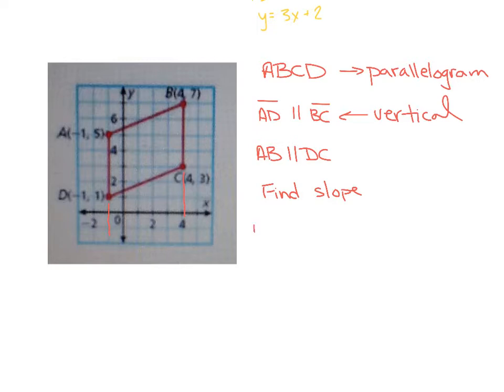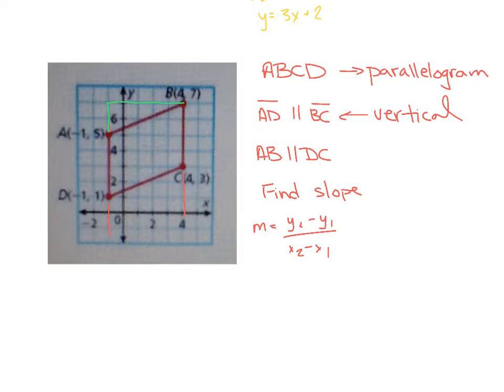So we have to take m equals y2 minus y1 over x2 minus x1. Or you can even do the cheating way, which I will do, so this lesson isn't as long as it could be.